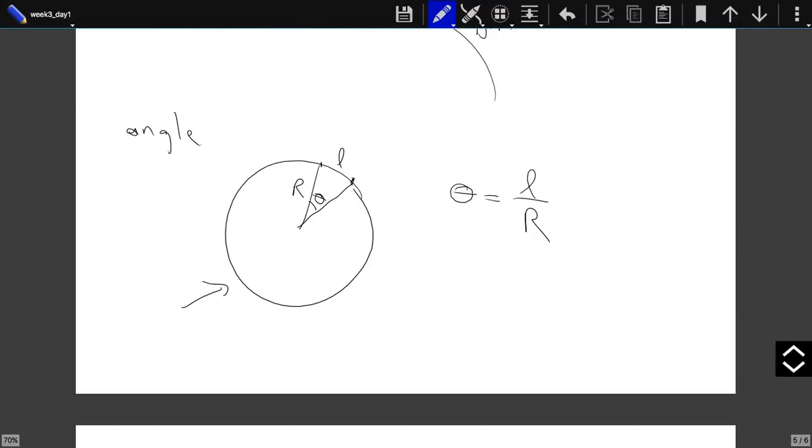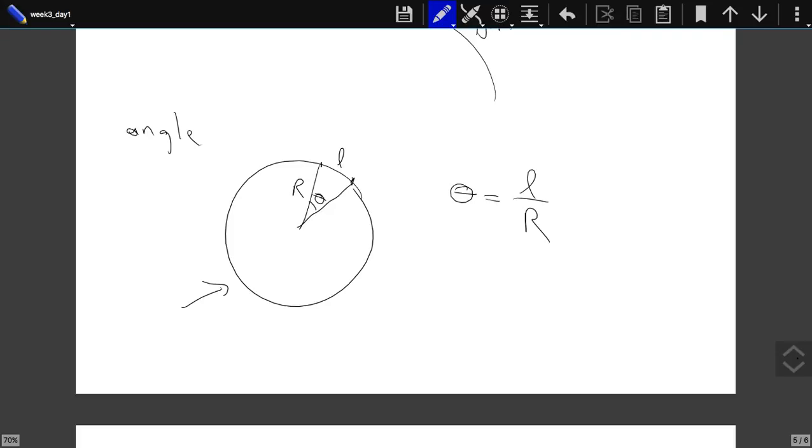Before, L had the dimensions of radius. So if the radius was larger, L becomes larger linearly with the radius. So that's why we divide by r. So this L over r is in fact independent of the radius. It only depends on the angle over there. If you imagine a circle that is twice as large, r will become twice as large, but L will also become twice as large.